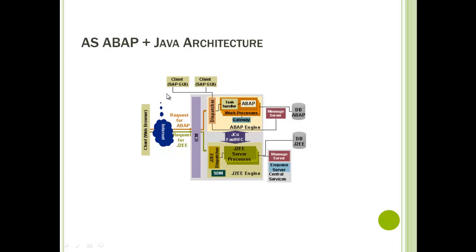The system ID is the same for ABAP as well as Java. For example, our application server is an ABAP plus Java stack together. Principally, the ABAP stack and the application server Java stack are separated, we can say.